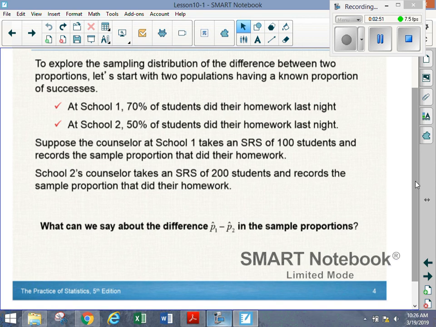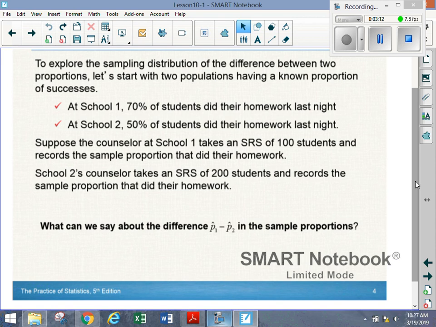All right. So if we were to find that proportion, what would we think would be true about the difference P1 minus P2? If P1 is the school with 70% and P2 is the school with 50%, we would imagine that P1 minus P2, or P hat 1 minus P hat 2, should be positive, right?